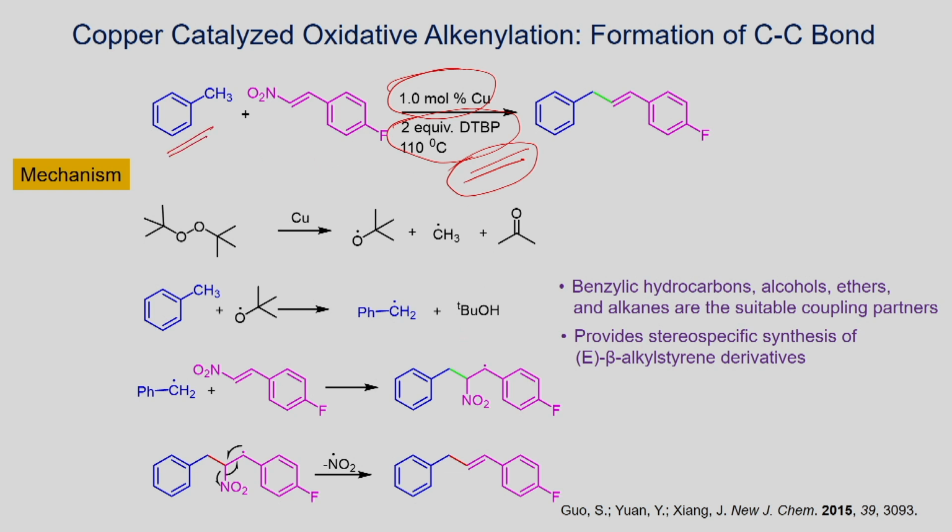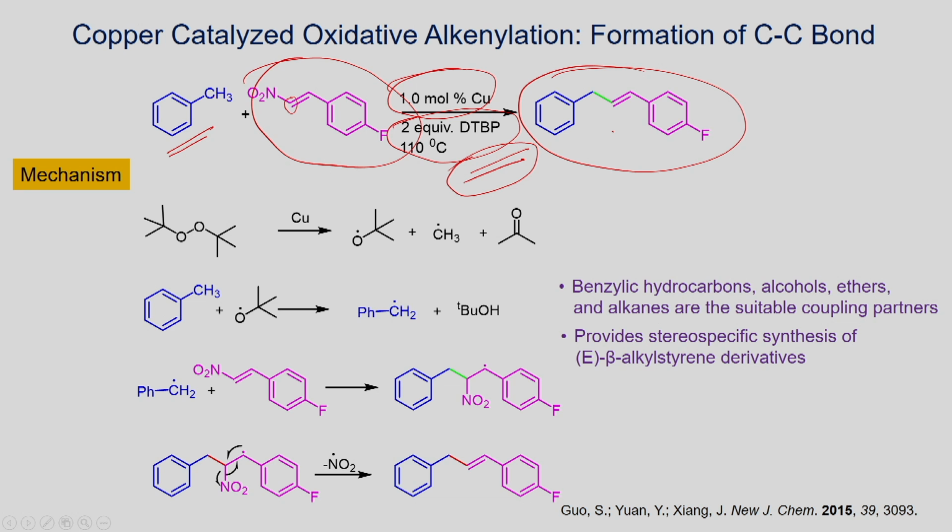Here the reaction of toluene with this nitrostyrene derivative is shown. They can couple together, and you will be able to form the CC coupled product. You make a new carbon-carbon bond between the methyl group of toluene and this carbon.